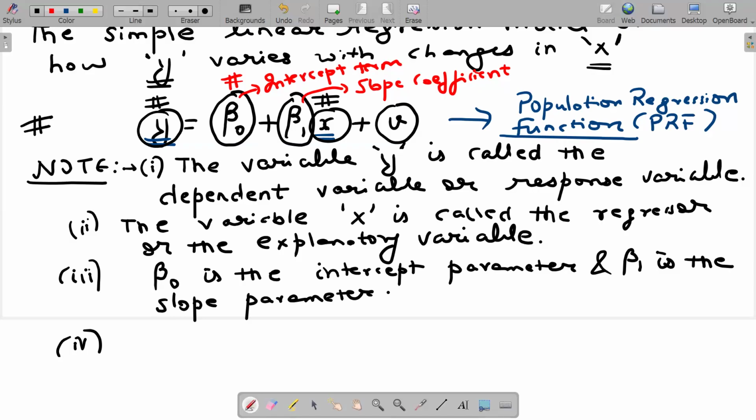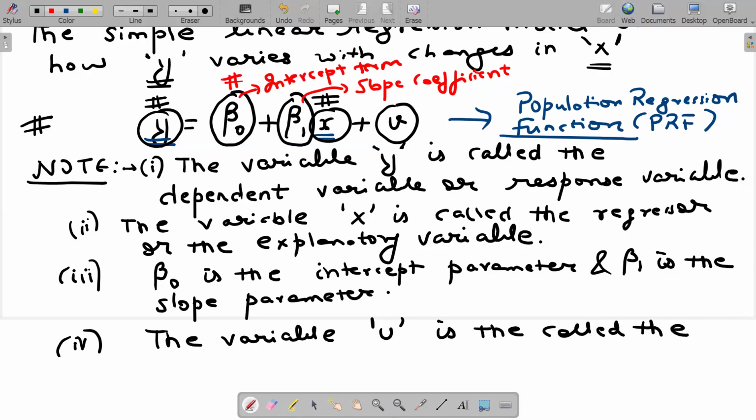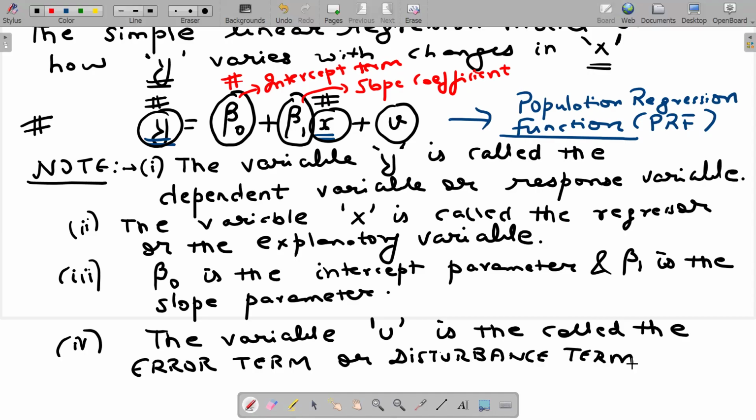So I can write that the variable u is called the error term or the disturbance term. Why is it called an error term or a disturbance term?